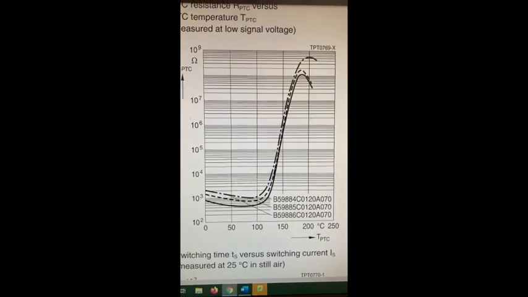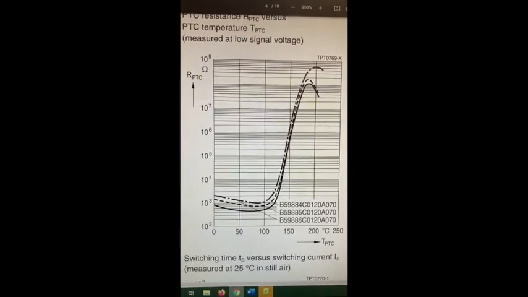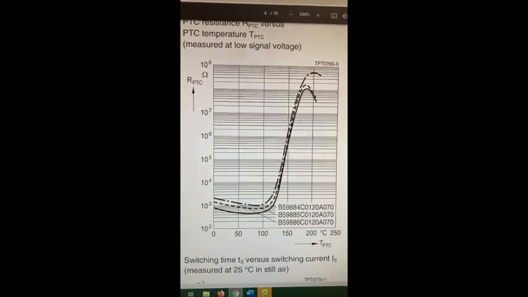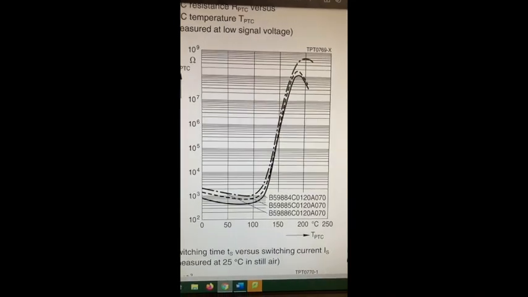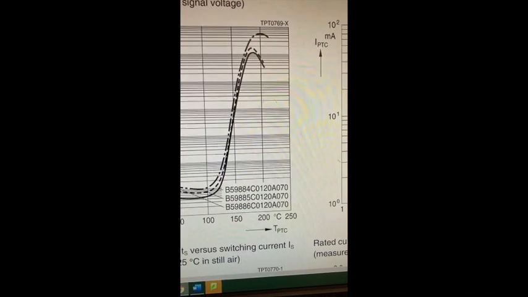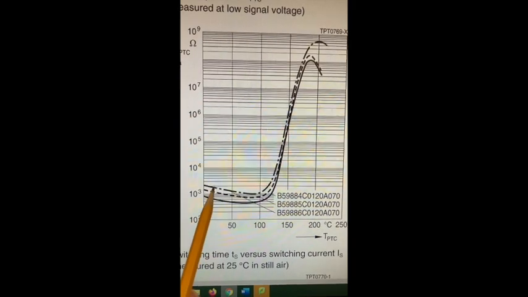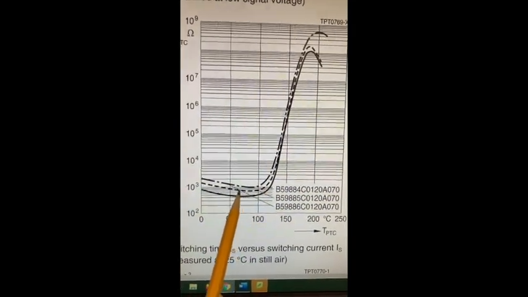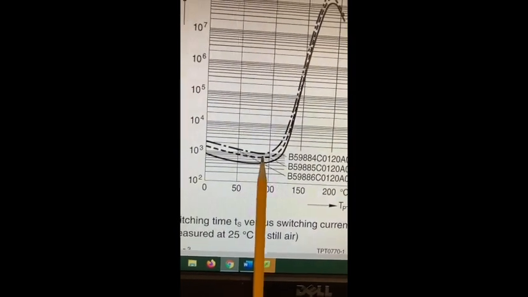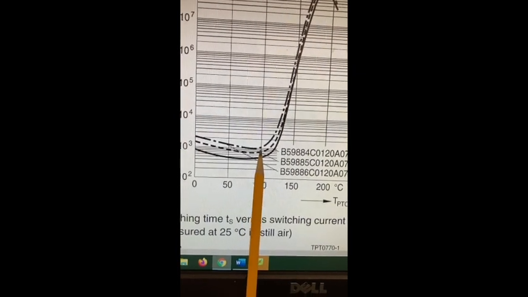All right, here's a graph of resistance versus temperature of the measured characteristics for this resistor. The one on the top is the dashed line. Notice that at approximately 90 degrees, the resistance starts to rise again.